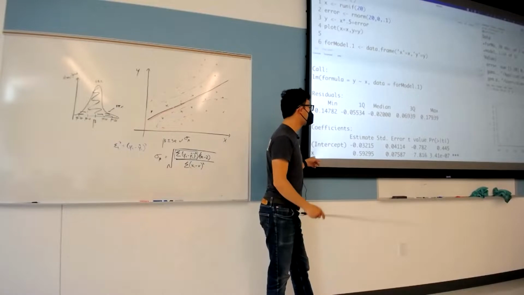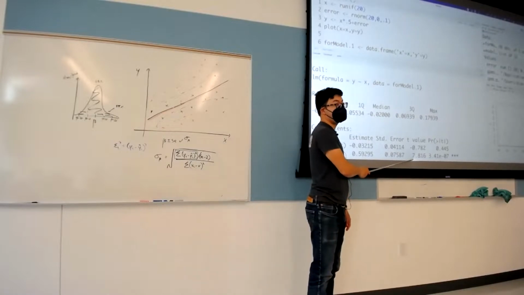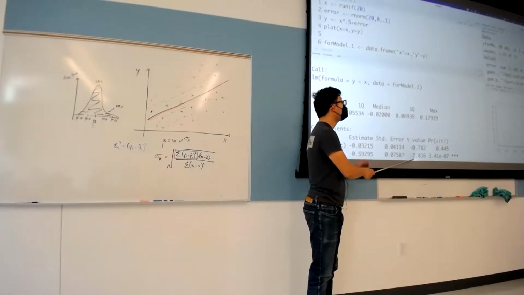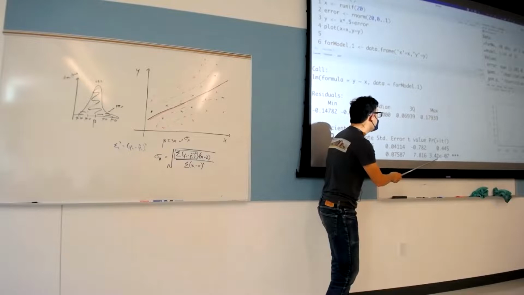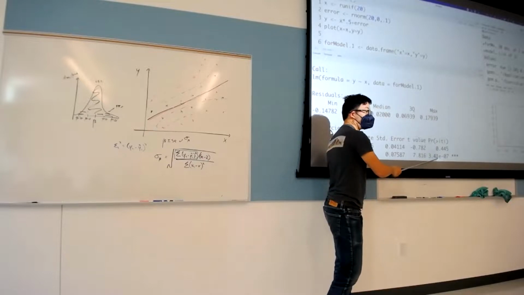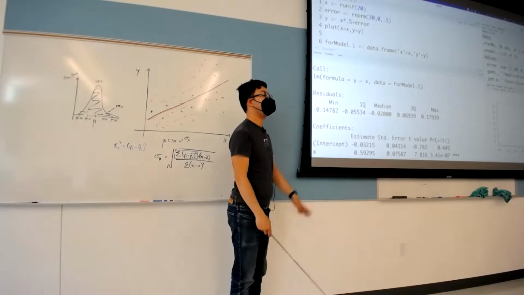Compared to x here, you would need to go 7.8 standard errors to hit a slope of 0. The probability of that happening is like 3 in 10 million. So 3 out of 10 million times, the slope would actually be 0.